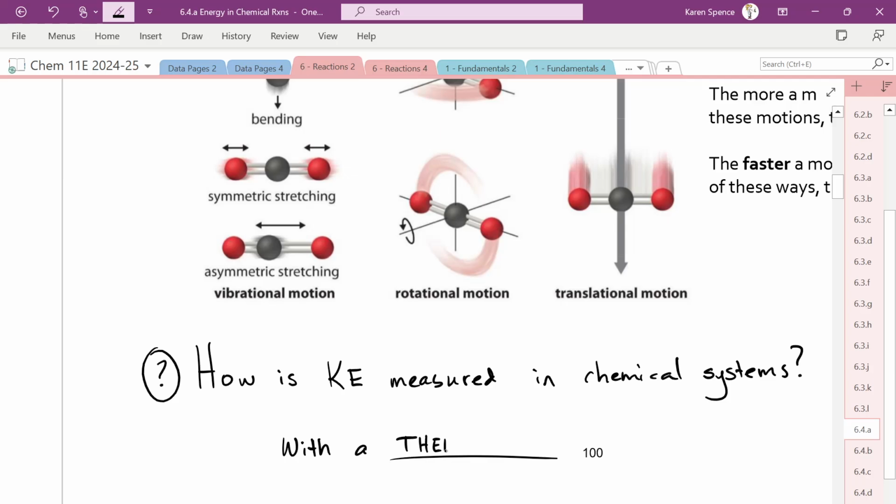Thermometer, yes. Temperature is literally a measure of the average kinetic energy of a system.